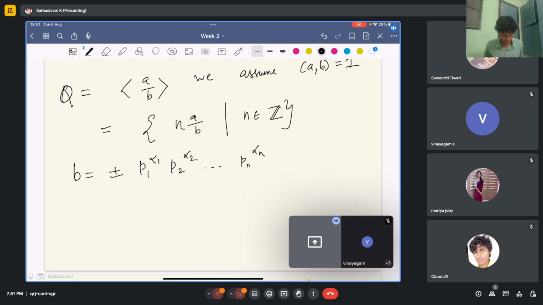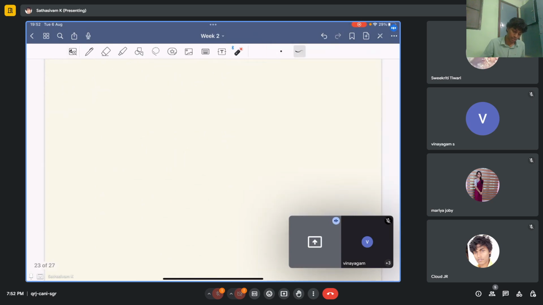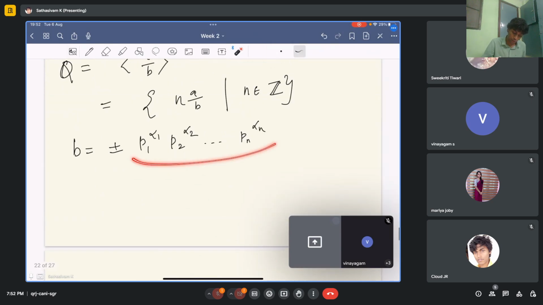So I can write B as a product of finitely many primes. It's very important that it is a finite product, and the primes that appear here are unique also.